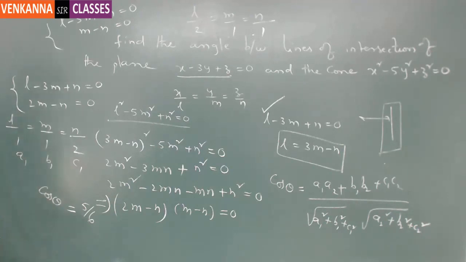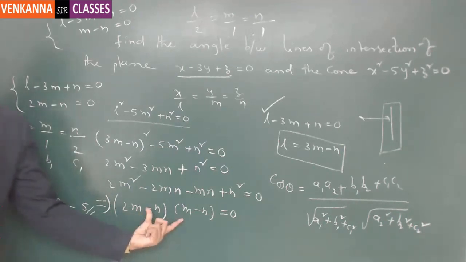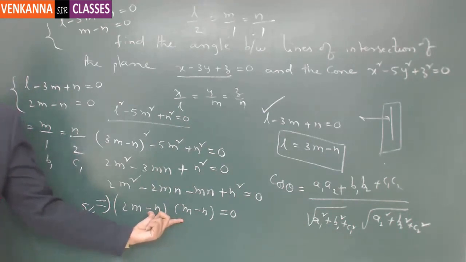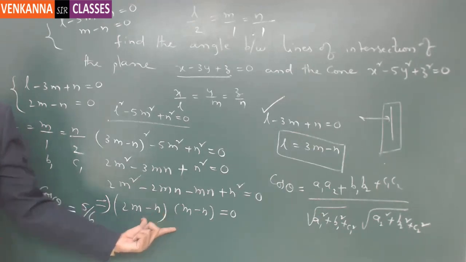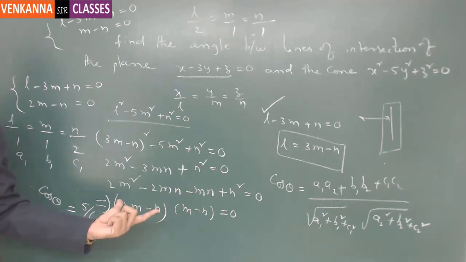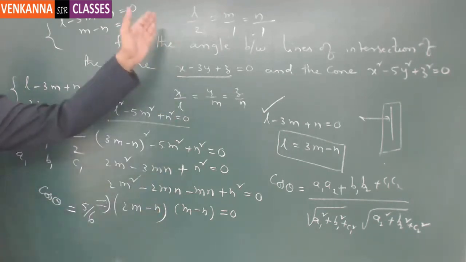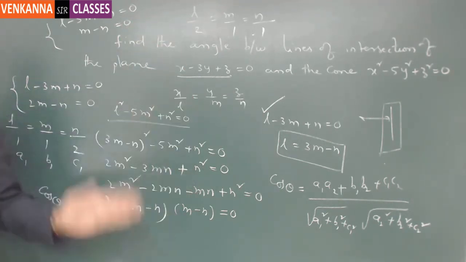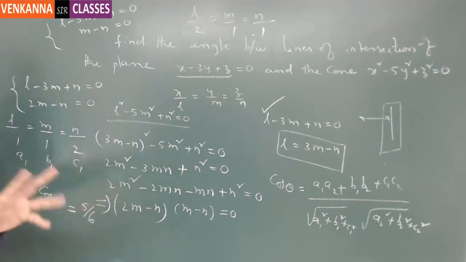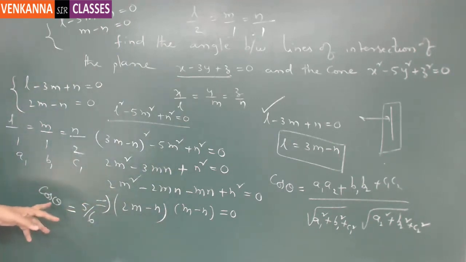See, these are the two factors obtained from the cone, isn't it? Right. So while solving, right from the beginning you want me to explain the procedure, isn't it? I will give it. So first of all, just confirm whether the value of cos theta is 5 by 6 or not.